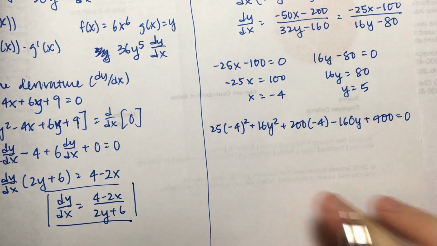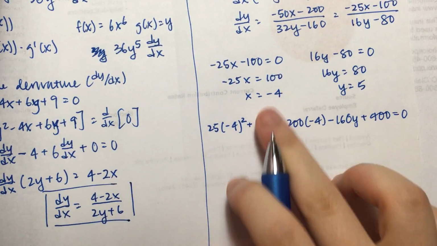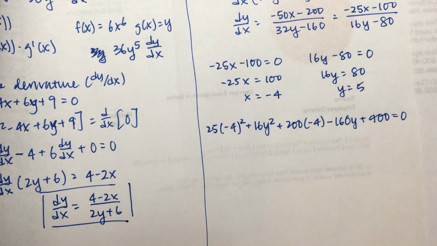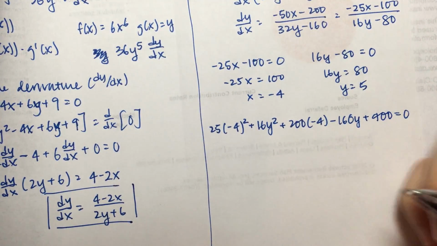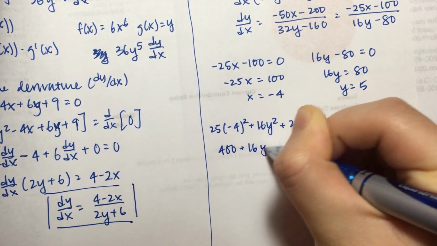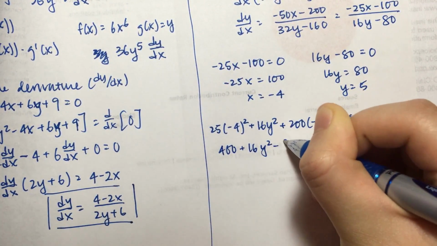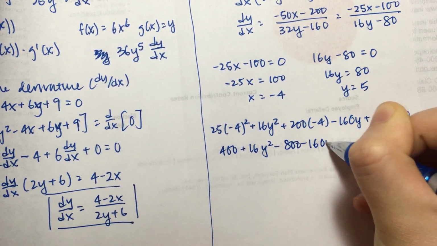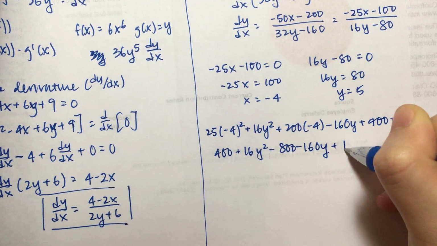So these were originally x's, and I just plugged them in. Plug the -4 in for the x. Okay, what is this? This is 400 plus 16y squared minus 800 minus 160y plus 400.